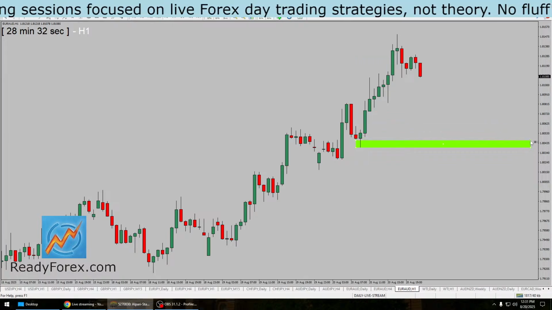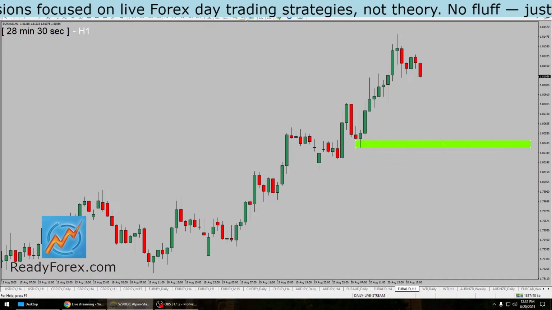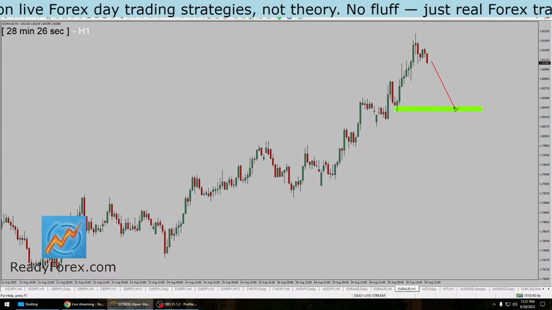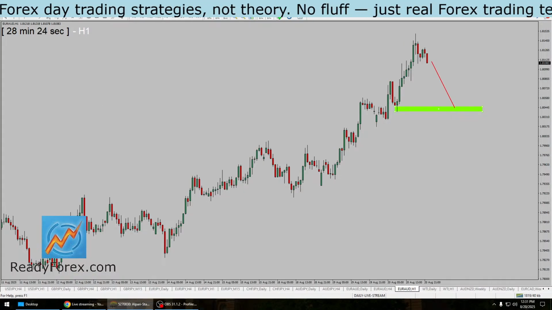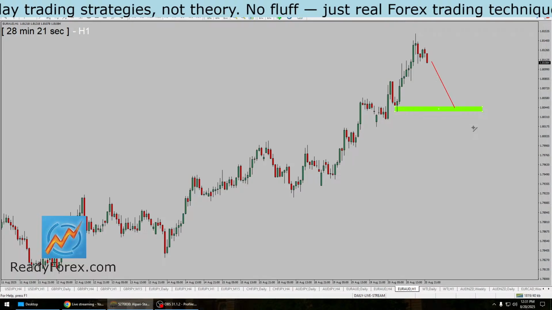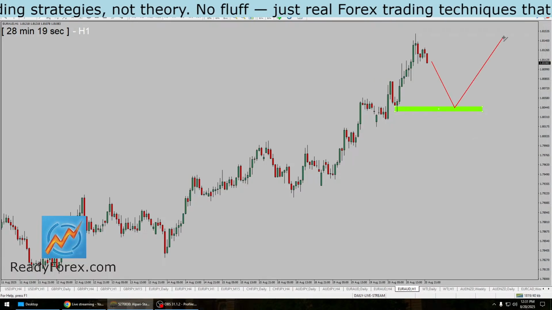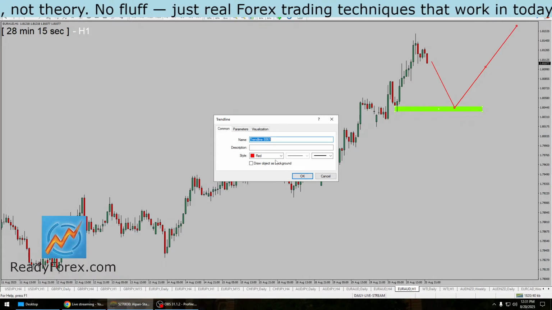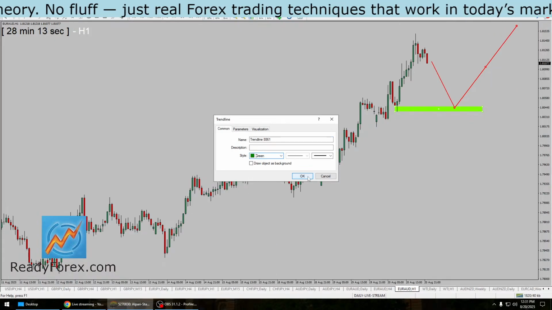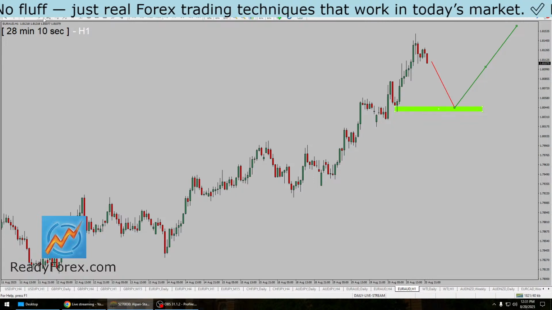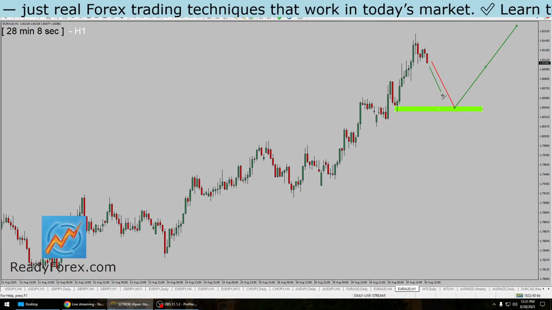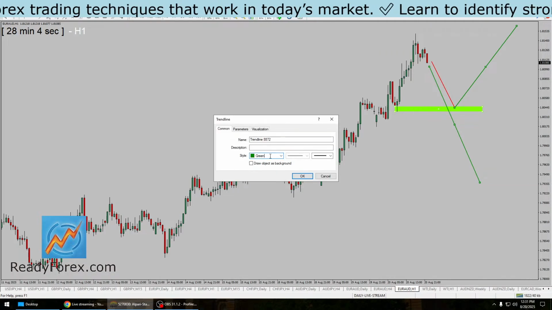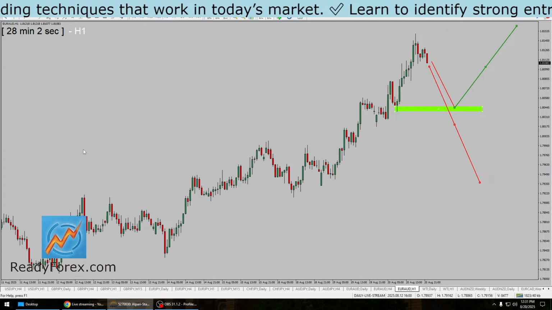Okay, so wait for the market to drop and try to test this support level. And if you get a reaction in price action, then look for a buy trade. Otherwise, stay outside. Why? Because sometimes you get a drop in price action and market just simply slices through it.